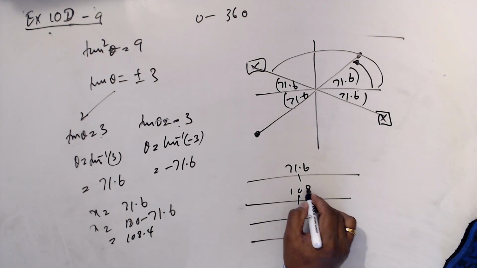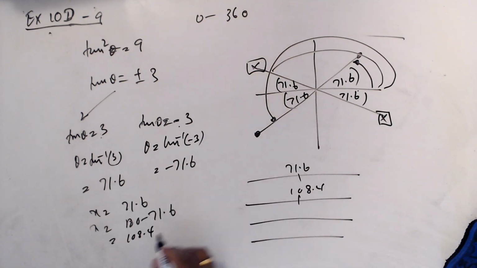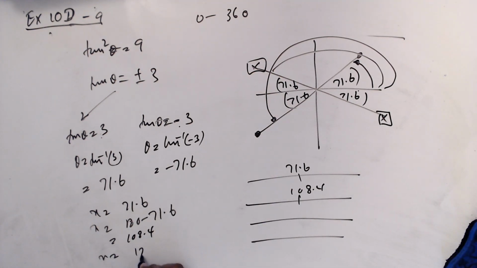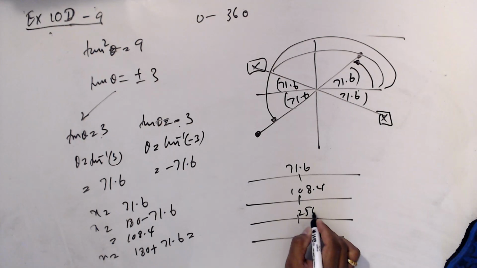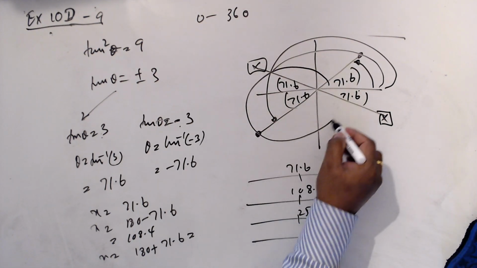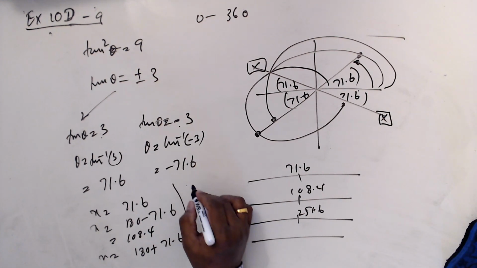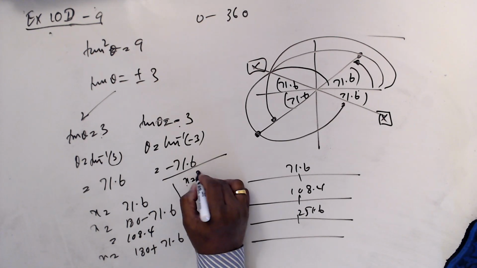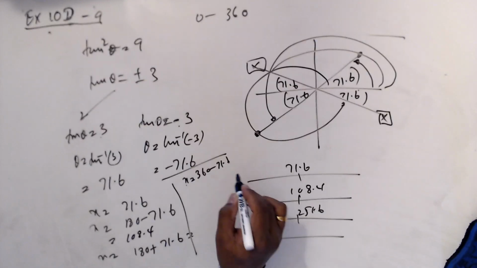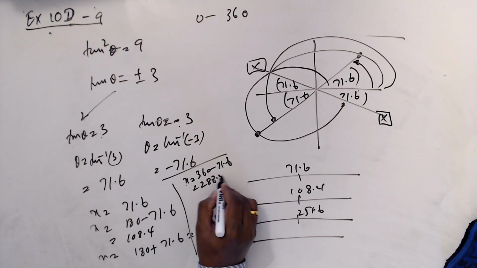So 108.4, and the other one, 180 plus 71.6, so 251.6. And the other one, x equals 360 minus 71.6, this is 288.4.